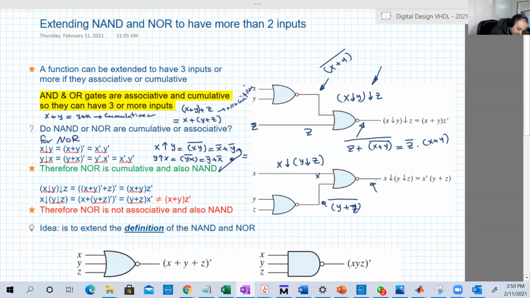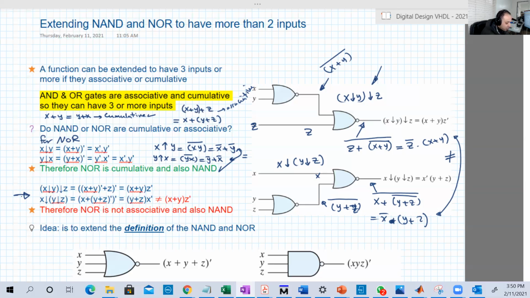Then the output here is X or the complement of Y or Z, and the total is complemented, which is X complement dot Y or Z. That's basically different from the previous one. These are not equal. That's basically the proof. But on the circuit itself.